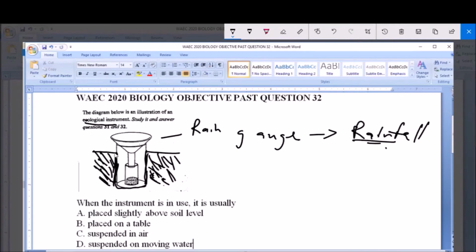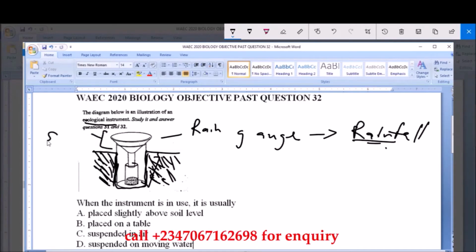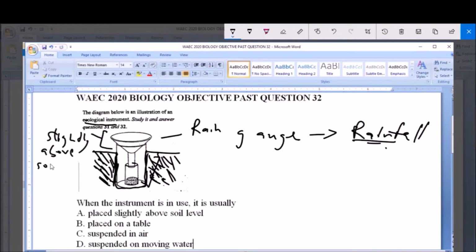So it is slightly placed beneath soil level, and part of it is above soil level. So this part of it is below the soil, and this part of it is slightly above soil level. So this is how it is placed when in use.